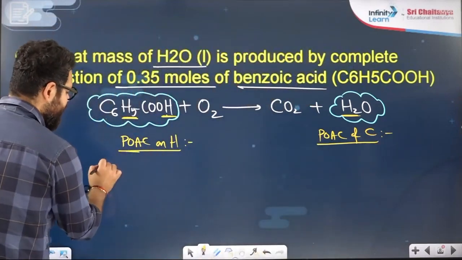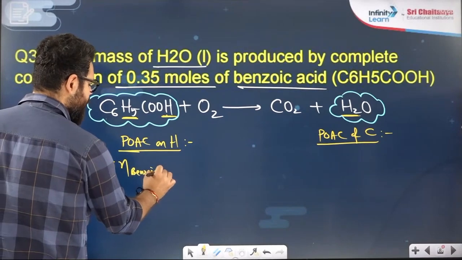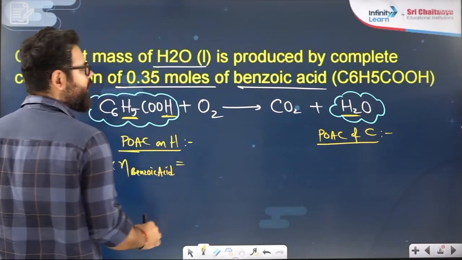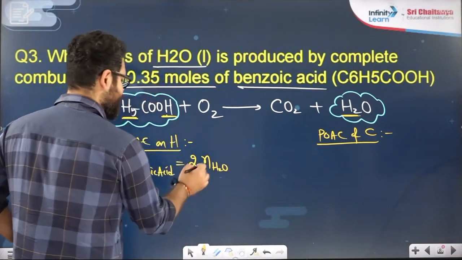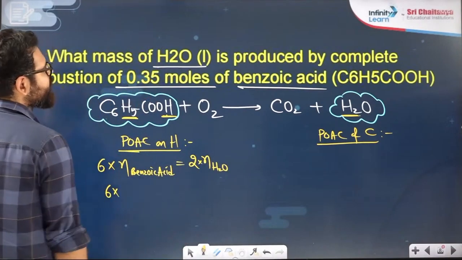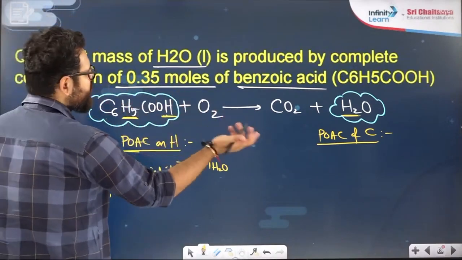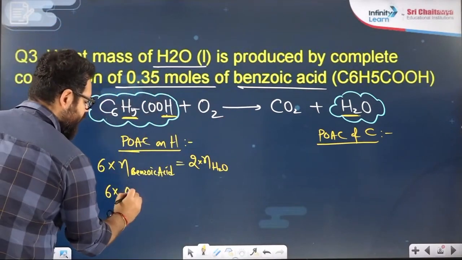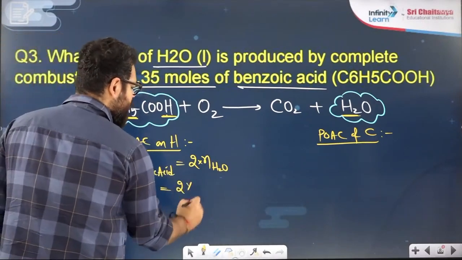So I'll say 6 times moles of benzoic acid equal to right hand side 2 times moles of water. 6 times moles of benzoic acid, 0.35 given. So I don't have to take any molar mass, directly moles are given. 0.35 equal to 2 times moles of water.